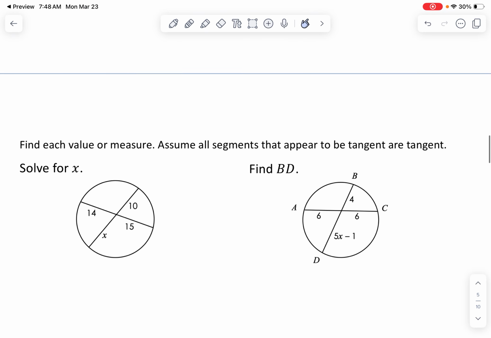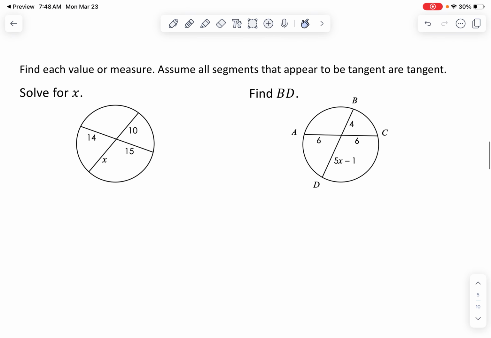Okay, so let's try it. Find each value or measure. Assume all segments that appear to be tangent are tangent. We're going to solve for x in the first one, and in the second one we're going to find BD. In both of these pictures, there are two chords that intersect inside the circle.